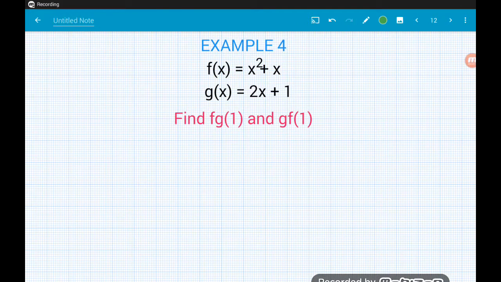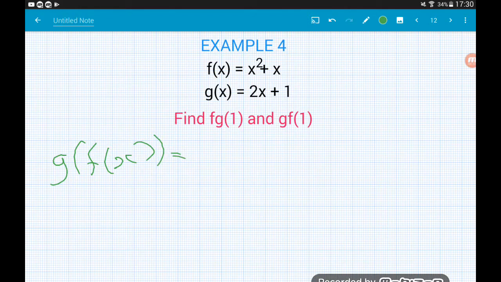Okay then, finally for this video, let's have a look at finding g of f of 1 this time. So this is going to be nicer than finding f of g like we just did. So again, we'll start off with the method I would advise against. So first of all, we need to find g of f of x. So we're substituting the f function into the g function.